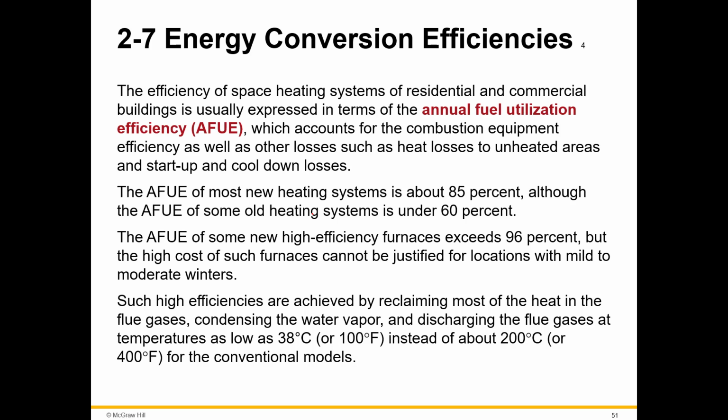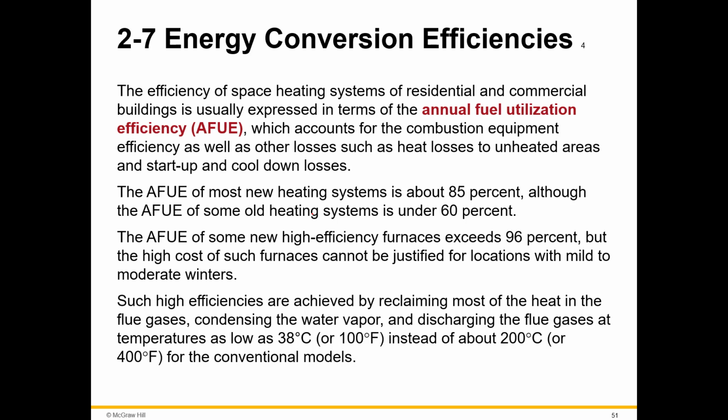So if you're heating an entire building, you do want to know what's lost to unheated areas, because remember, heat flows from hot to cold. So if you have a heated room right next to a storage room that you're not heating, heat's going to flow and you're going to be, in essence, indirectly heating that cold room.